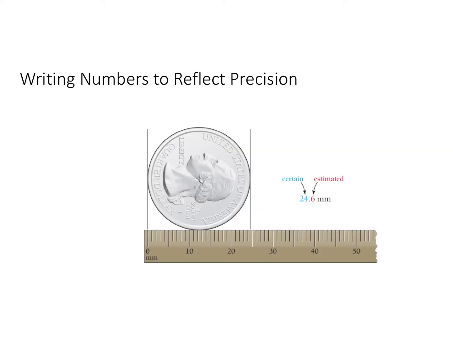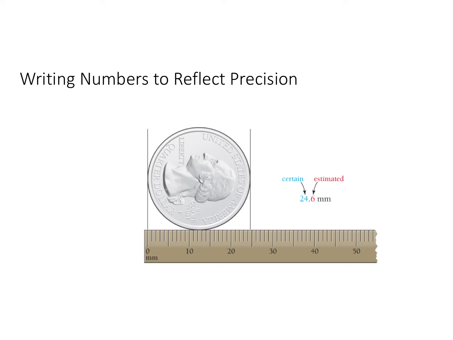So we talked about writing numbers so that they reflect precision. You have your lab starting this week, and next week you have the measurement lab, and when you want to report the numbers, say you have a ruler that goes only up to 1 millimeter.